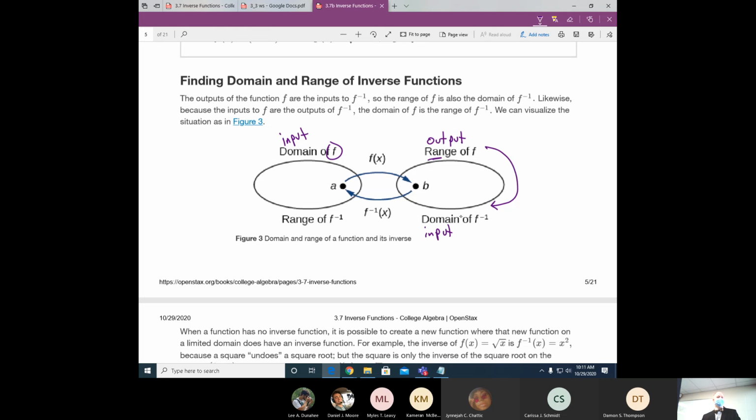The input of f inverse better get me back the same range, because that's going to now become my input of f. So the output of f inverse gives me the input of the original f.